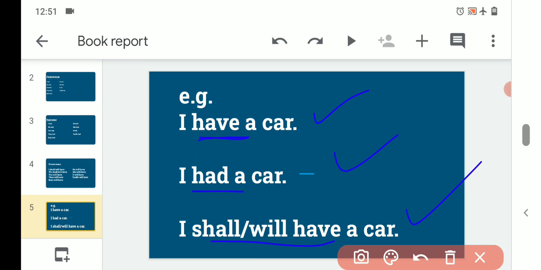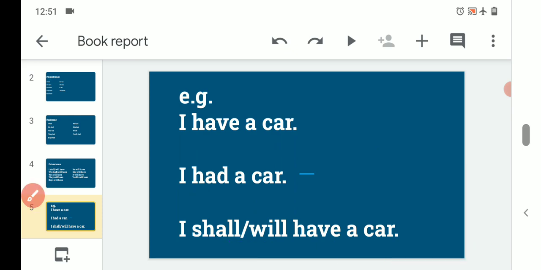For example, I have written a letter, present perfect. I had written a letter, past perfect. I shall have written a letter, that is future perfect. So once again, I hope that you all have understood the concept of to have verbs.